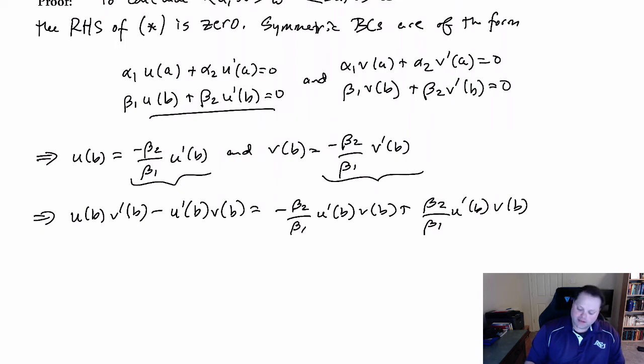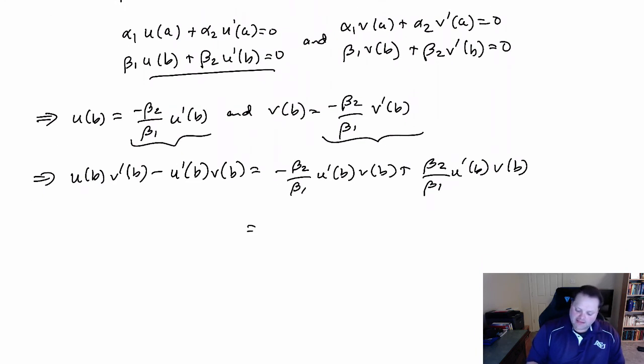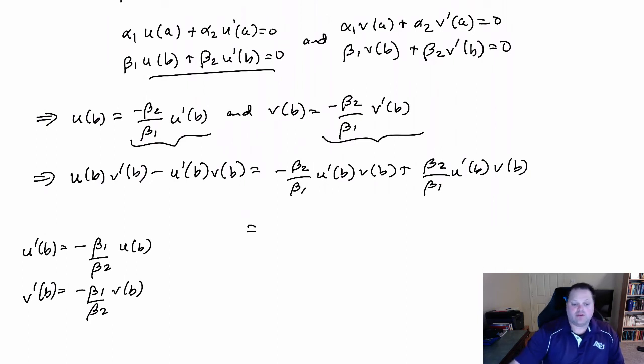And lastly, you can reverse these to solve for u'. You could get that u'(b) is minus beta 1 over beta 2 u(b), and that v'(b) is minus beta 1 over beta 2 v(b). You can see where I'm going to use that. I'm going to replace u'(b) with this, and you get minus beta 1 over beta 2 times minus beta 1 over beta 2.